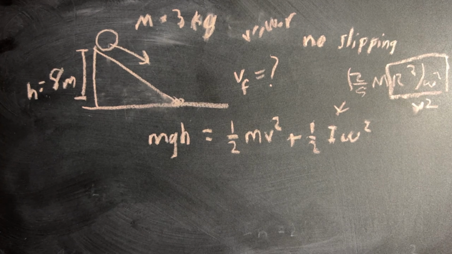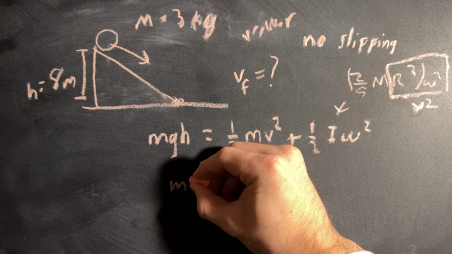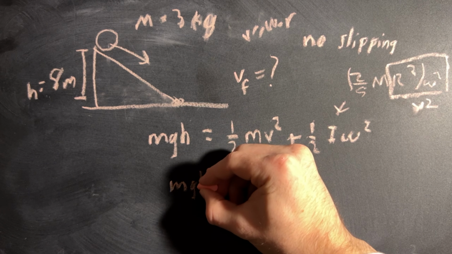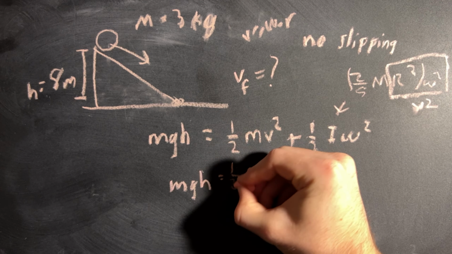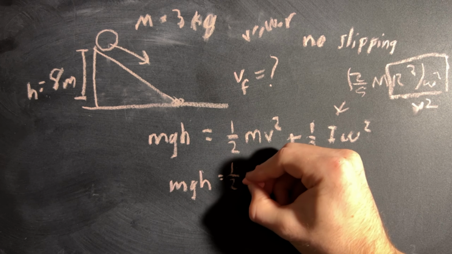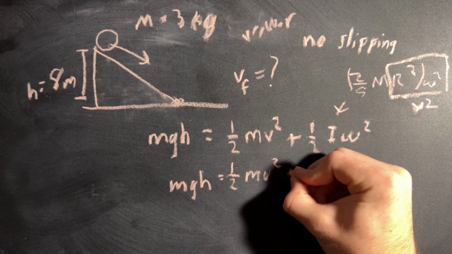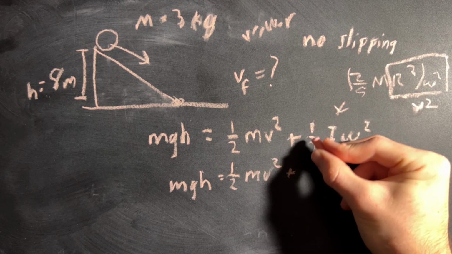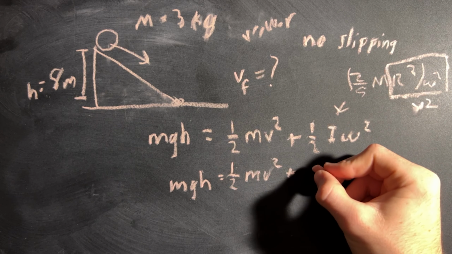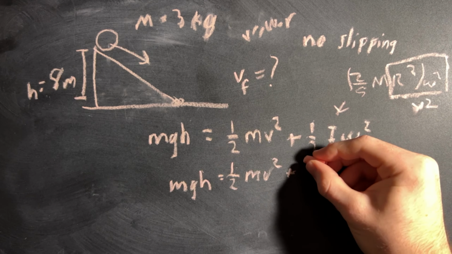That means we can rewrite this equation as mgh equals 1/2 mv squared plus 1/2 times 2/5 is 1/5. Well, it's 2/10 simplified to 1/5.